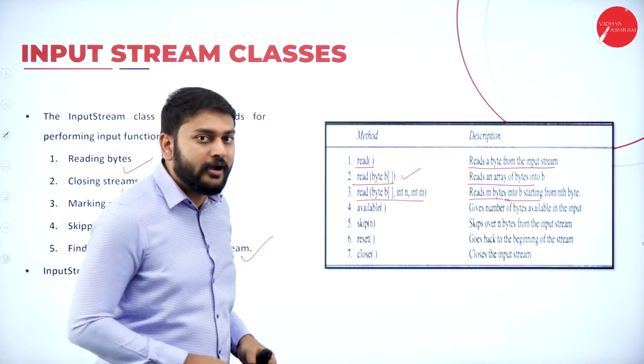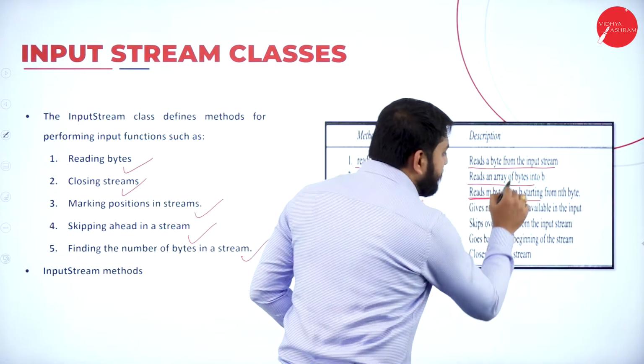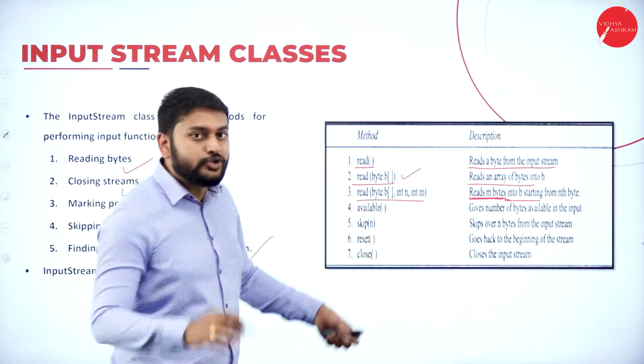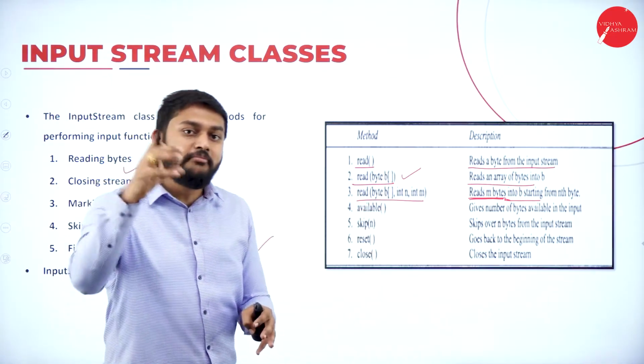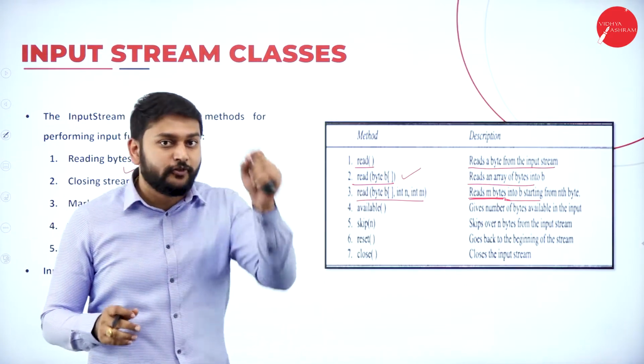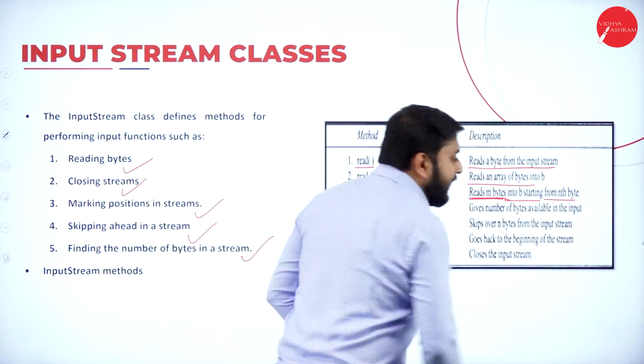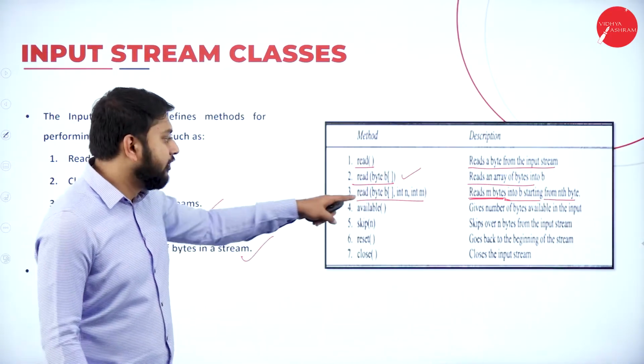I repeat that for all of you. It reads m bytes into b, b in the sense array. So it reads m number of bytes into the array b, starting from where you specify, from the nth byte. That's what you need to observe here.